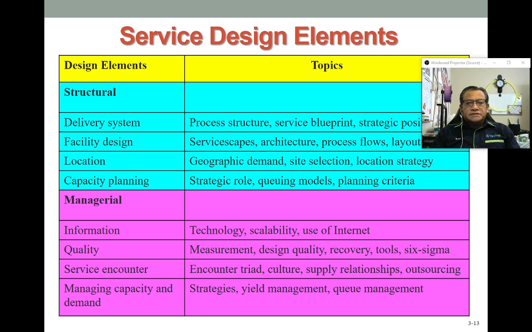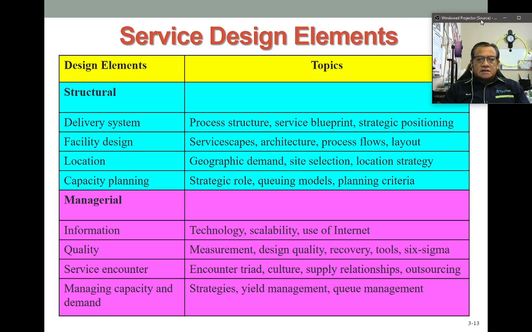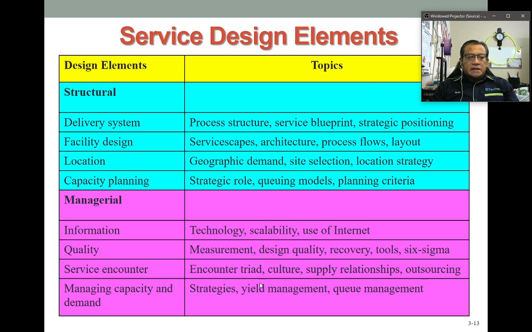Basically, these elements consist of structural and managerial. The first part, structural, for designing a successful service innovation, refers to the delivery system.